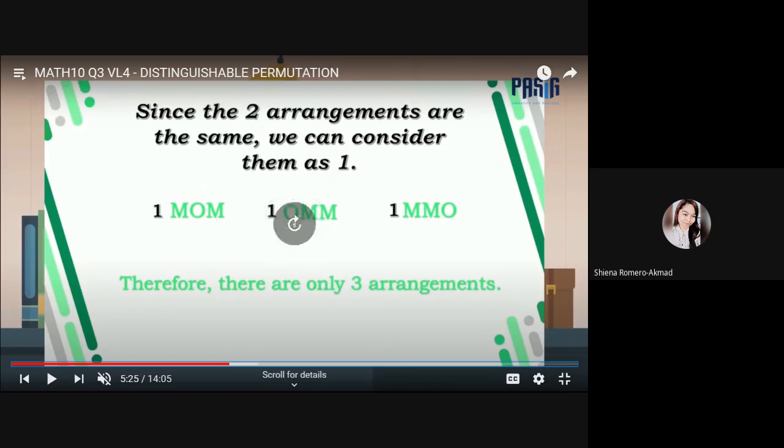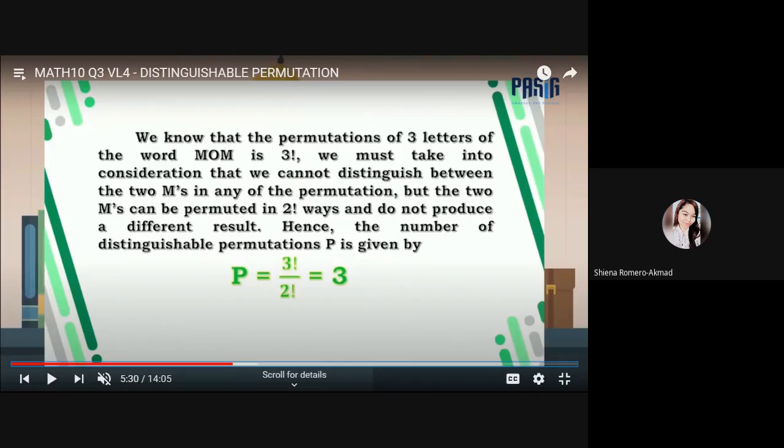Okay? Now, if you look at the solution earlier, we have 3 factorial, right? And that's equal to 6. And if we relate that to permutation, bakit naging 3? We look for the reason why is it 3.